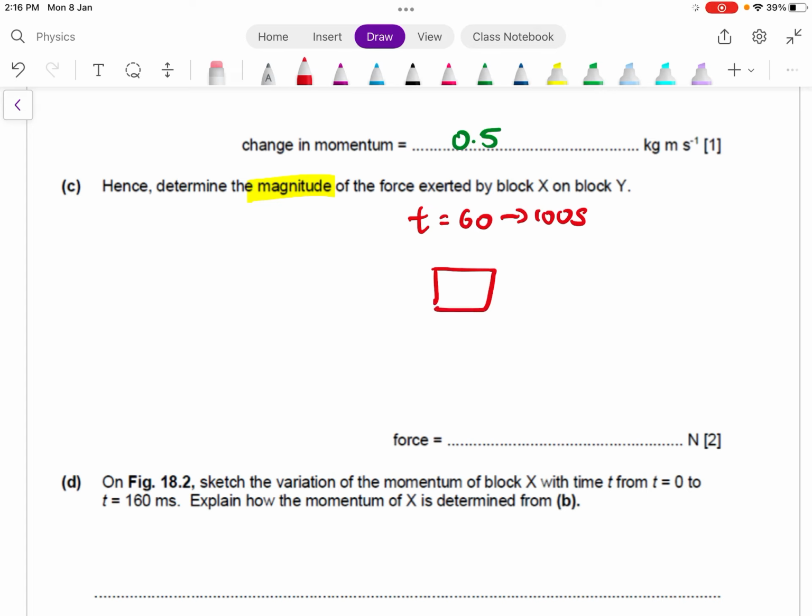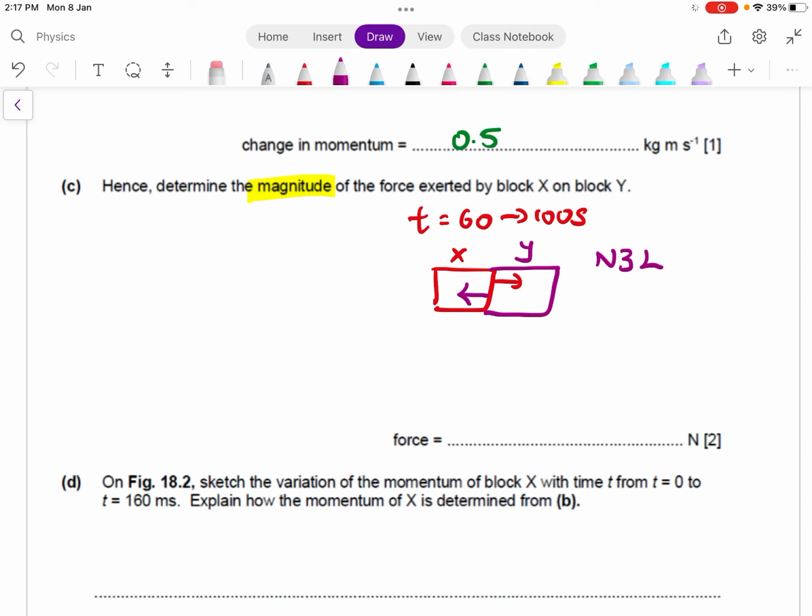This is block X, this is block Y. During the collision, block X will exert a force on block Y, which I want to calculate. Block Y will exert an equal and opposite force. They are action and reaction forces, known as Newton's third law.